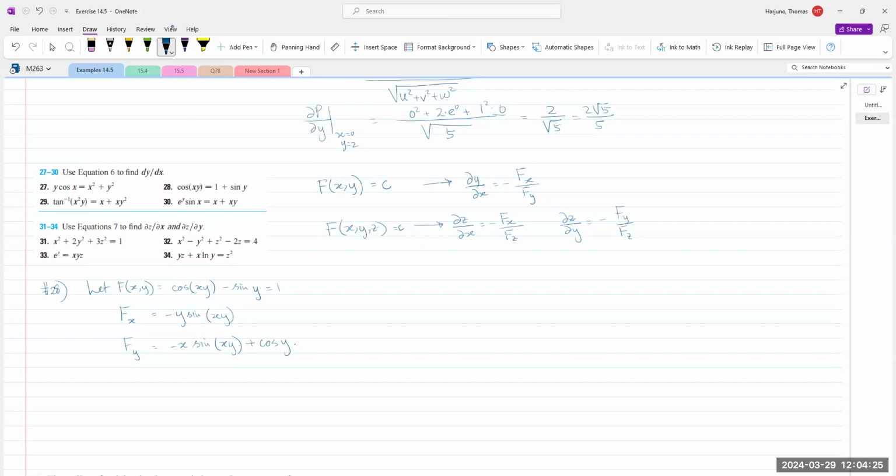So dy/dx, that's what I meant here, dy/dx will be negative of f sub x over f sub y.